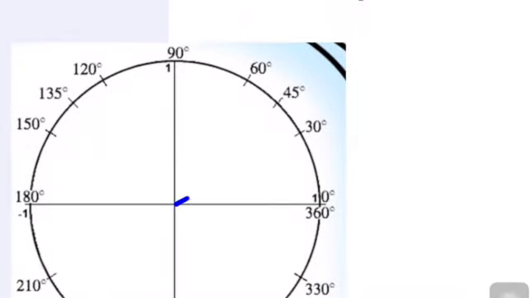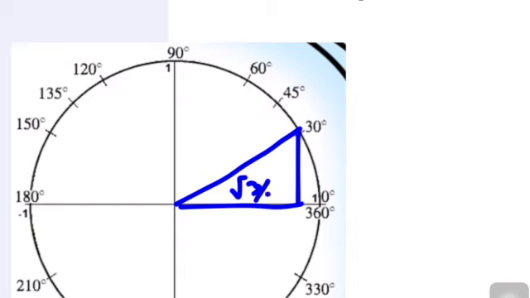So tangent at 30 degrees, all right, this is going to be my long side. I'm sorry, this is going to be 1/2 divided by radical 3 over 2. All right, it's the y value divided by the x. So that is going to end up giving me radical 3 over 3.